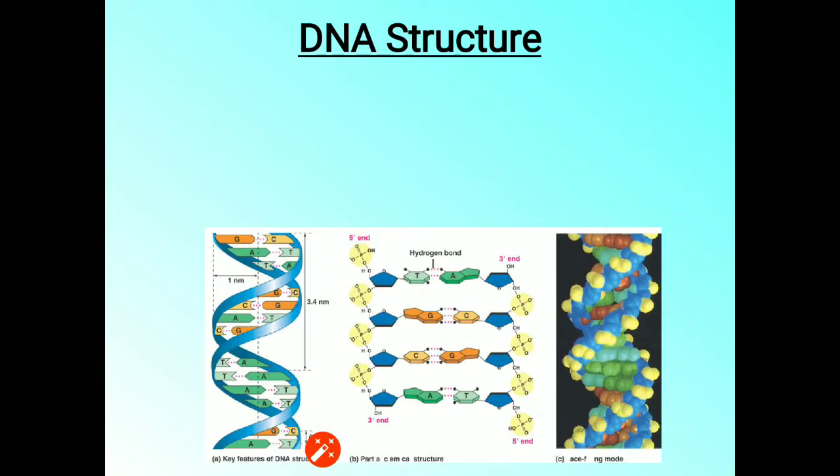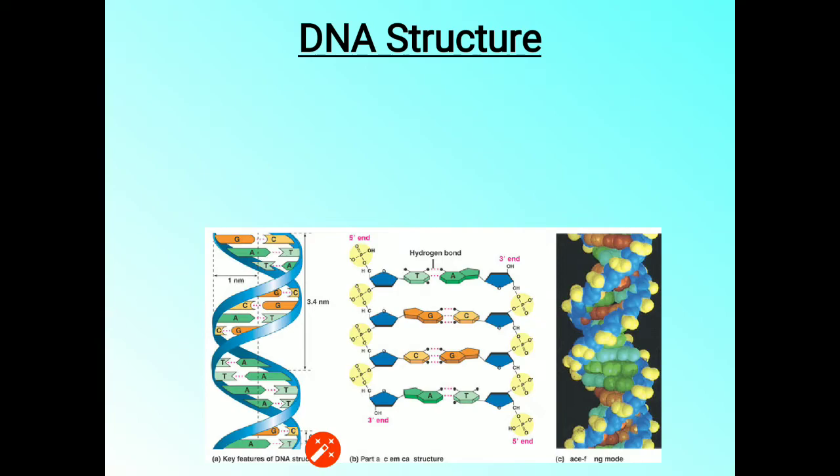Now some more about the structure of DNA. Again, there is the helical structure of DNA. The figure in the middle is showing the molecular structure that you have read in class 11th.